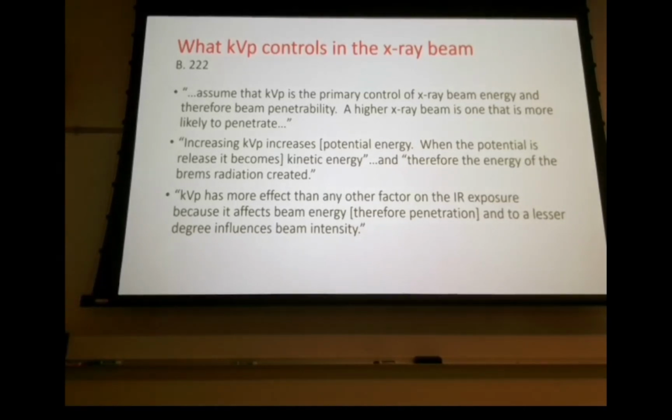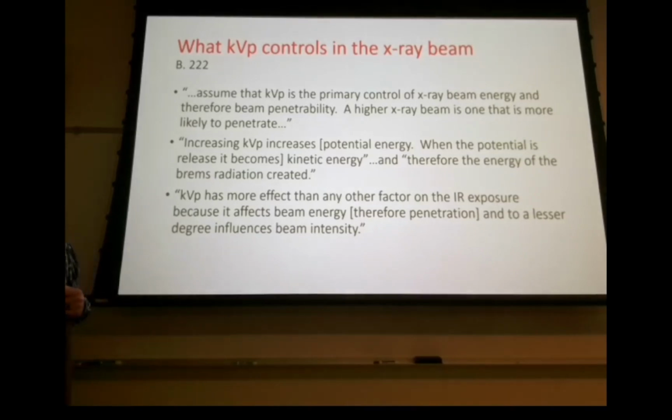So a higher X-ray energy beam is one that is more likely to penetrate. X-rays exist in the upper 10,000 volt range, all the way up to as high as you can create.